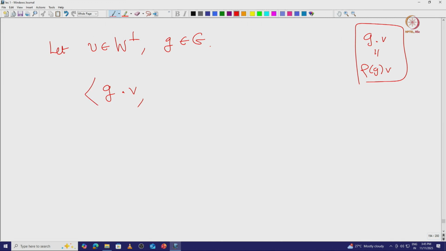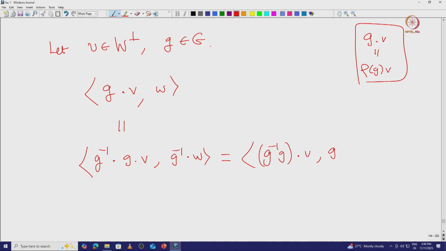If we compute the inner product of g dot v with w, then since this inner product is G-invariant, because we are working with a unitary representation, the inner product of g dot v and w is the same as the inner product of g inverse dot g dot v with g inverse dot w, which is exactly the inner product of v with g inverse dot w, since g inverse g is the identity acting on v.